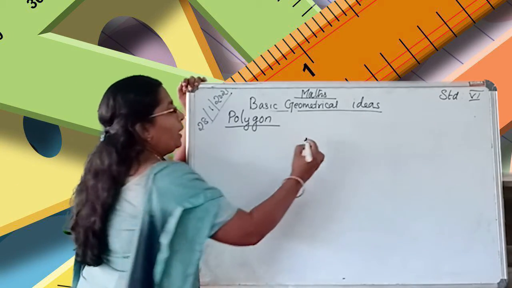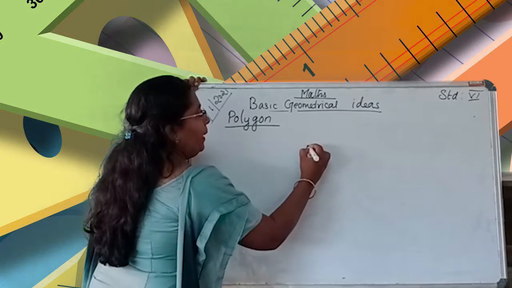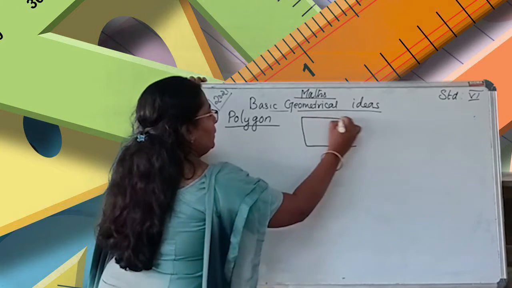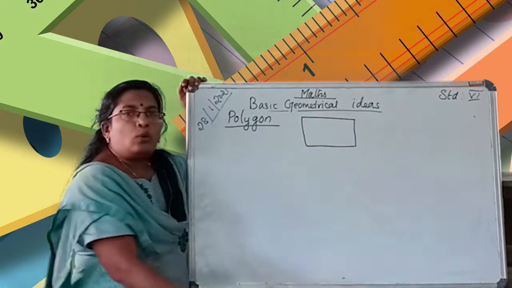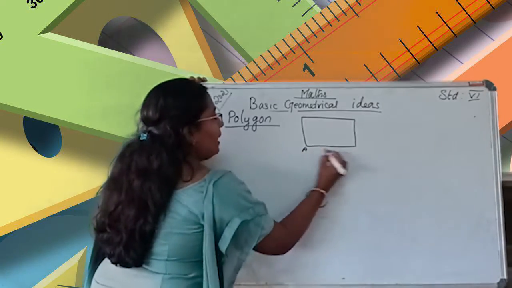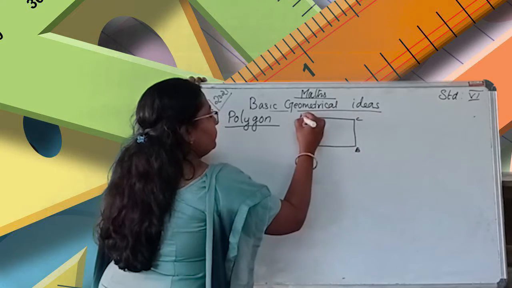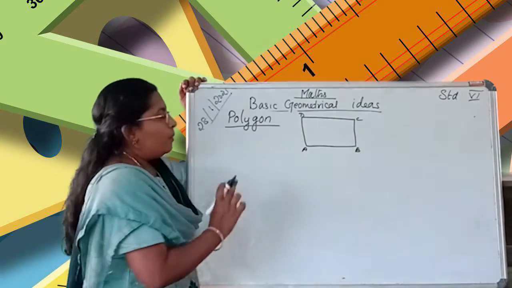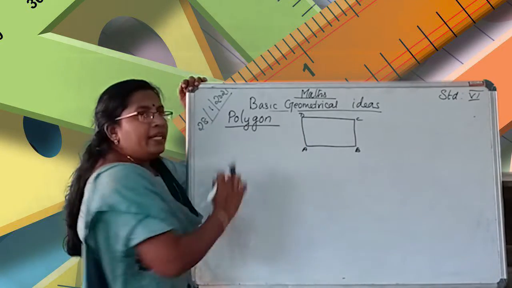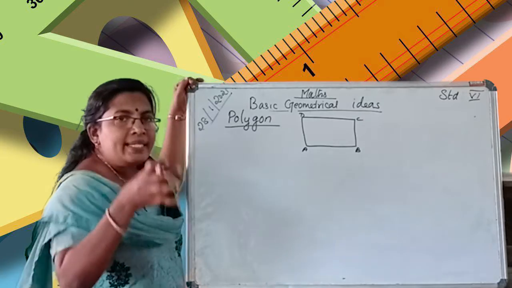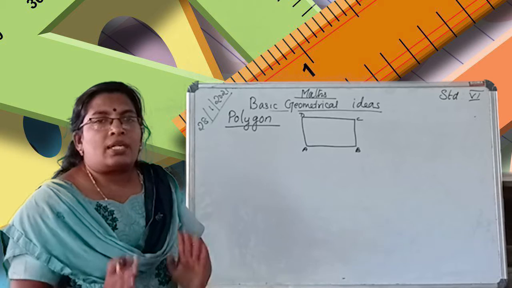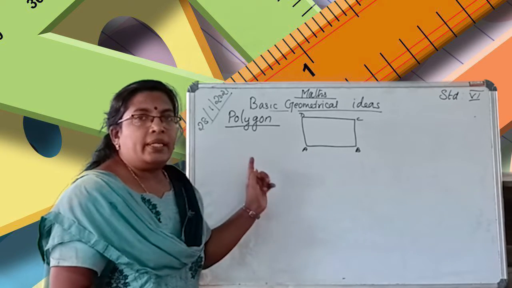So, closed curve made up of line segments. This is a simple closed curve. This is closed. These are line segments. AB line segment, BC line segment, CD line segment, AD line segment. A closed curve made of line segments, not an open curve, is called a polygon.